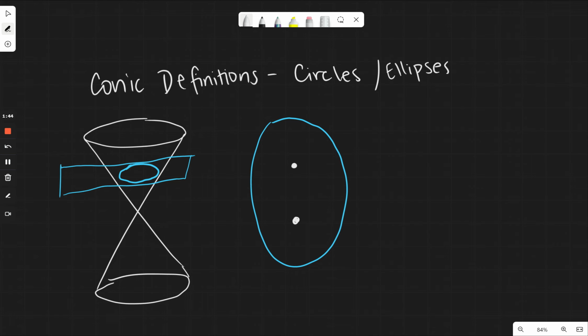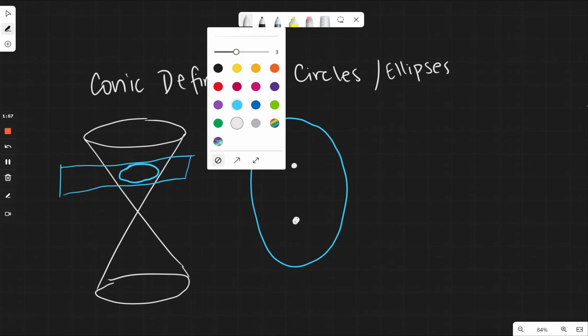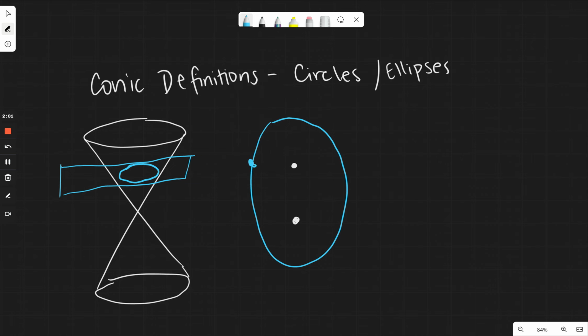And the definition of an ellipse is it's all the points for which the sum of the distances to those foci is constant. And what I mean by that is, for example, let's say I had a point P right here. Let's call this focus A and this focus B, which is not the conventional naming, but whatever.